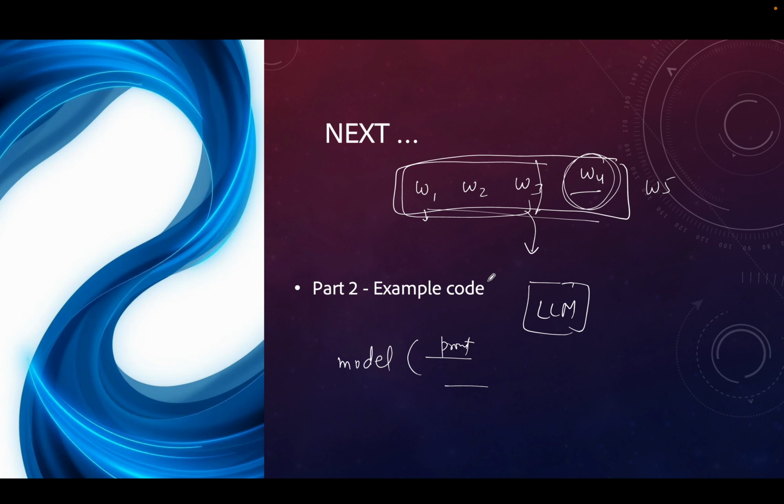While we were talking about greedy, beam search and these things, we were just talking about this one prediction, like which word we should pick. But if you see the complete flow, it happens like this. For every token, a new forward pass is called. So let's see example code in the next lesson.